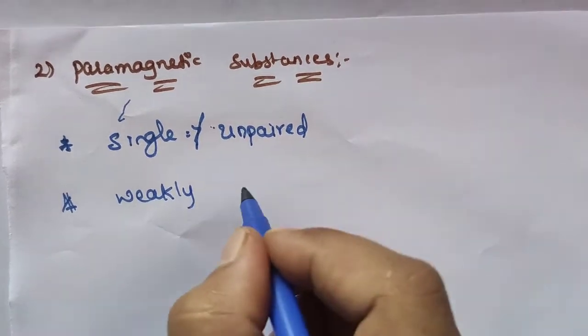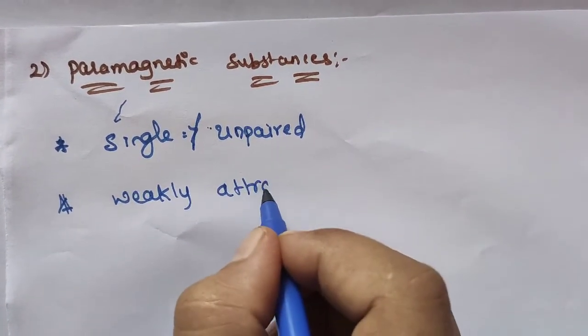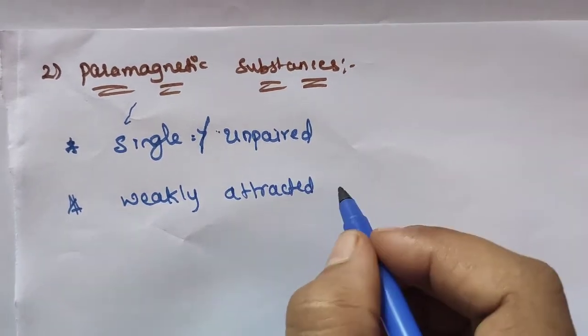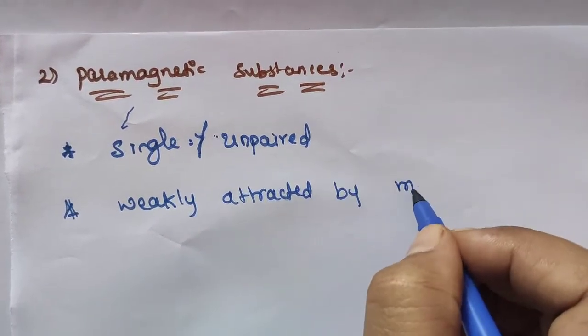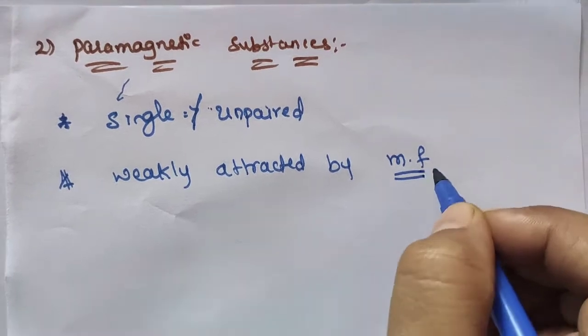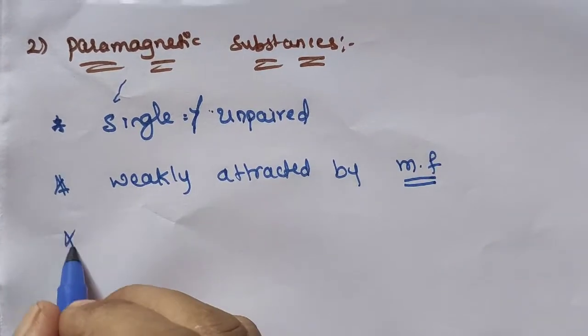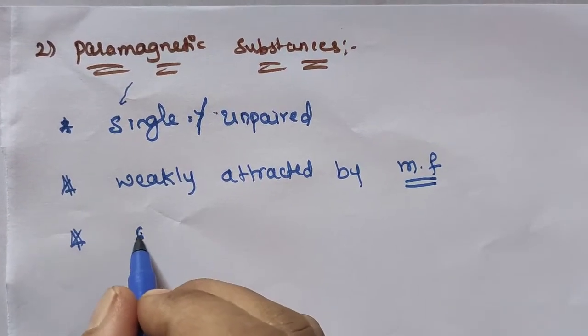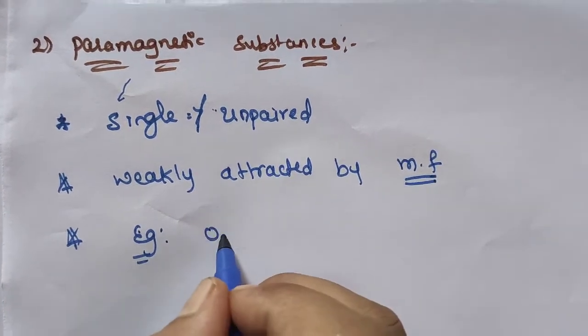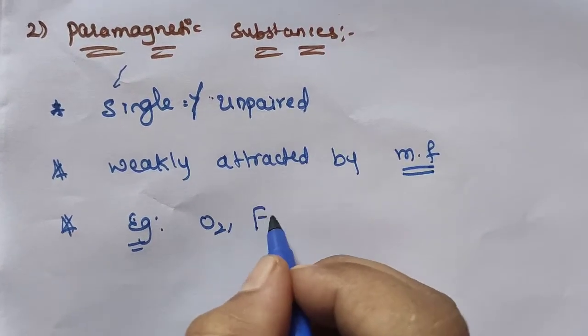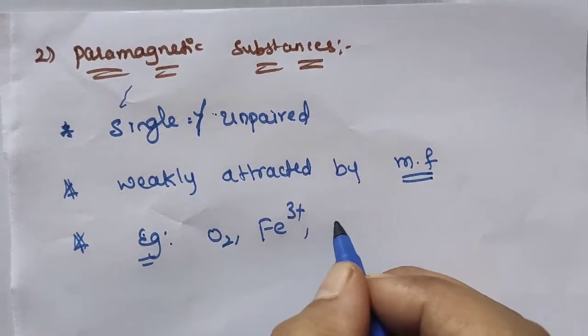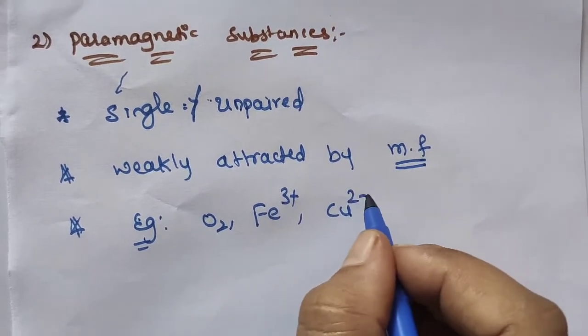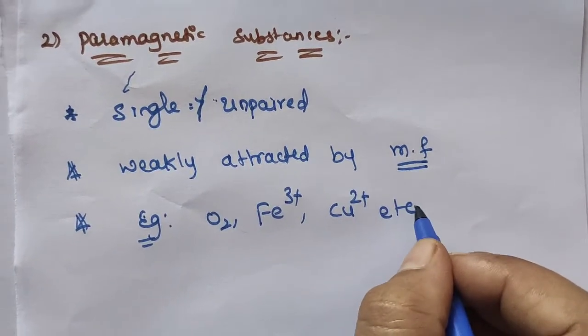You should remember that these are weakly attracted by a magnetic field. For example, the oxygen molecule O2, Fe3+ ion and Cu2+, etc.